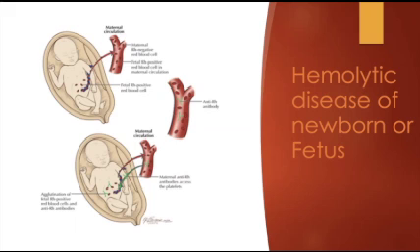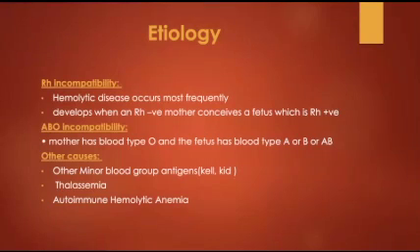So the rate of red blood cell destruction is accelerated, but the ability of bone marrow to respond is normal. It was a major cause of fetal loss and death among newborn babies.